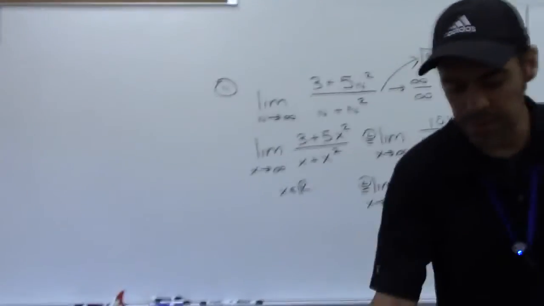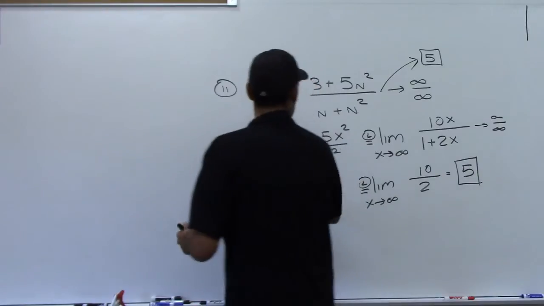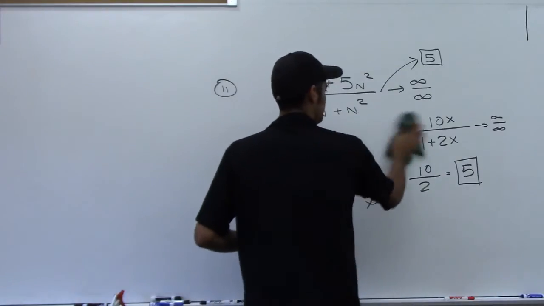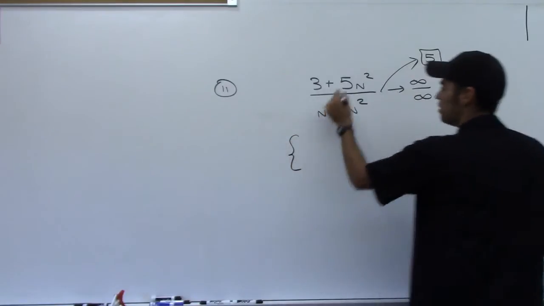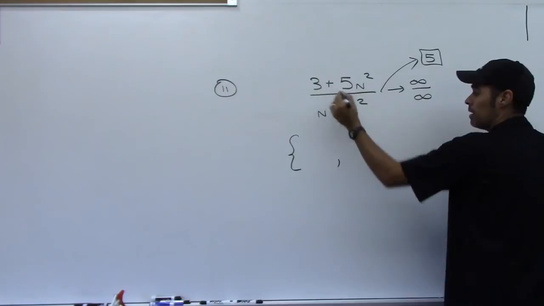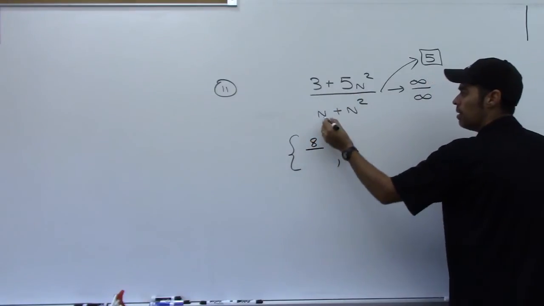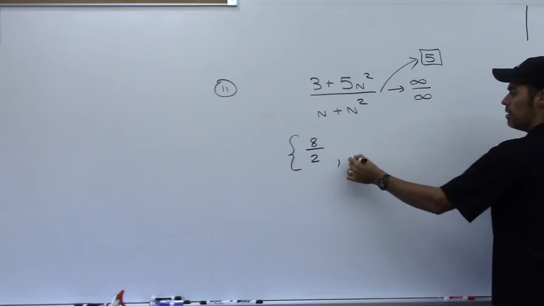And keep in mind what we're saying. We're saying that with this original sequence, if you were to list out the numbers, like if I plug in 1, let's see what I get. I get 8 on top, plug in 1 here, I get 2, that's a 4. And then if I plug in 2, I get another number, another number.